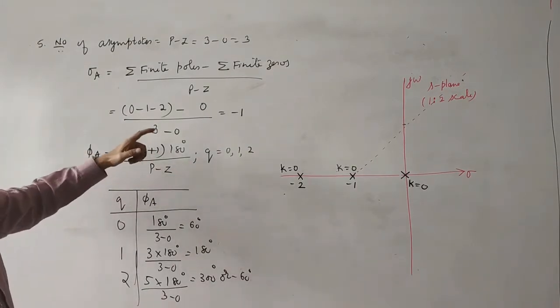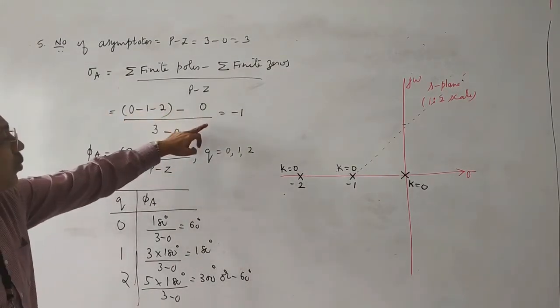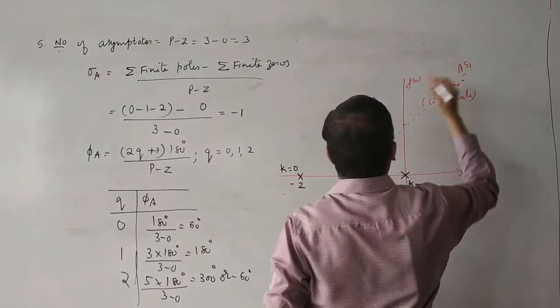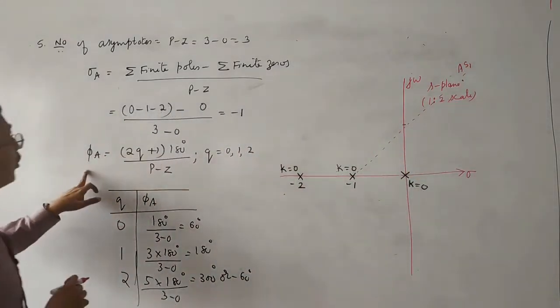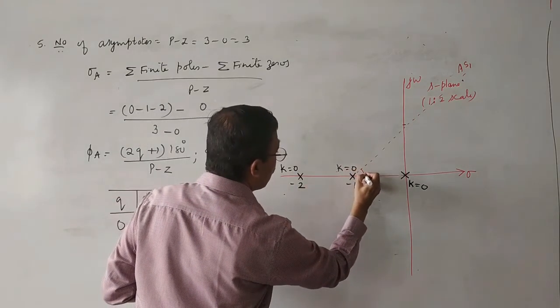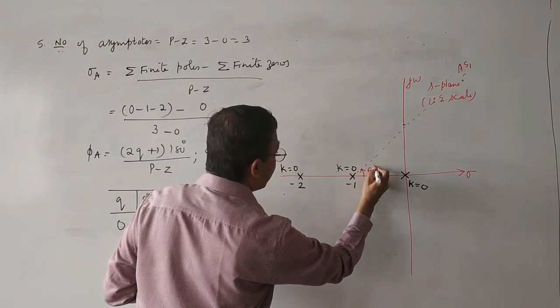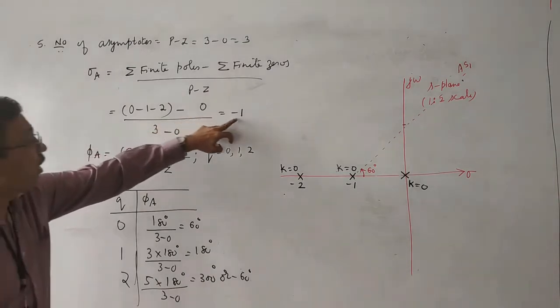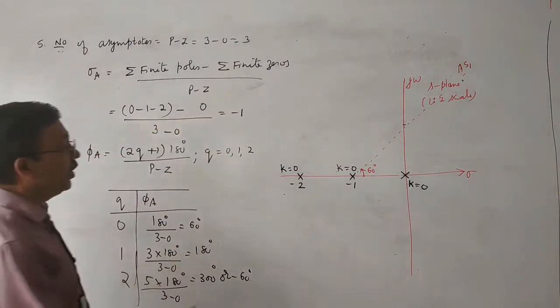Asymptotes will start at sigma A equal to minus 1. This is the first asymptote which I am going to write as AS1. What angle does that asymptote make? It makes an angle of 60 degrees. Next asymptote also starts at minus 1, but what angle does it make? 180 degrees.